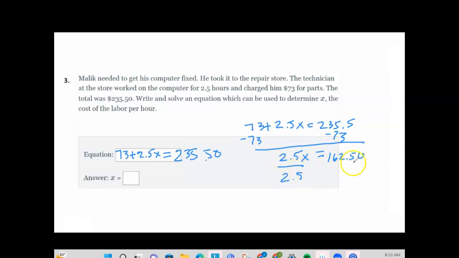You'll need to use a calculator on these. Divide by 2.5, and we get X equals 65. $65 per hour. Not bad.